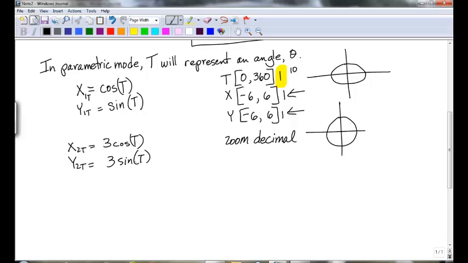And we should get a bigger, leave this one in, put 3 cosine of t. And they always occur in pairs, so 3 sine of t. Got to have both of them to get a graph. Okay, so that just basically made it a bigger circle with a radius of 3. So the 3's control the radius.